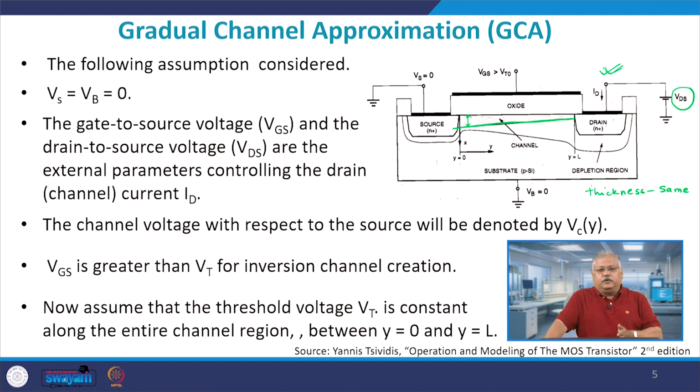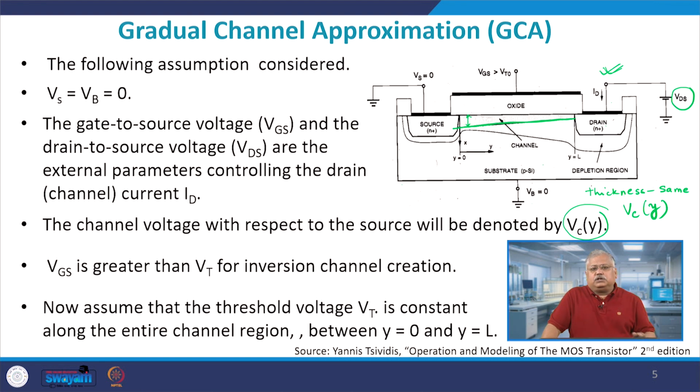We define the channel potential with respect to source as Vc(y). So Vc is the channel potential, and this is y dependent. Y dependent means it depends on the place at which you are measuring the value of the channel potential. Also, we have told you that VGS is greater than VT, and therefore an inversion channel is formed.